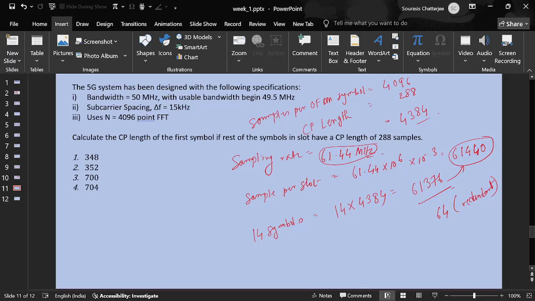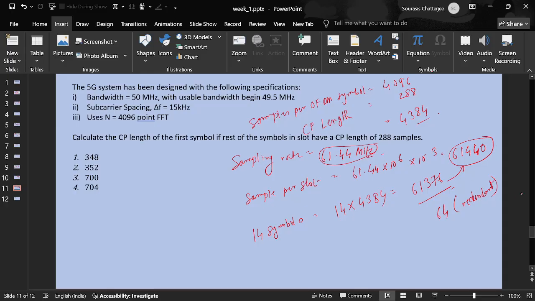So I guess this answers your question, why exactly I was looking at one slot instead of one symbol. Yes, it's clear now. So according to the sampling rate, I am supposed to have 61440 samples, but I have only 61376 important samples, and the 64 will be redundant.